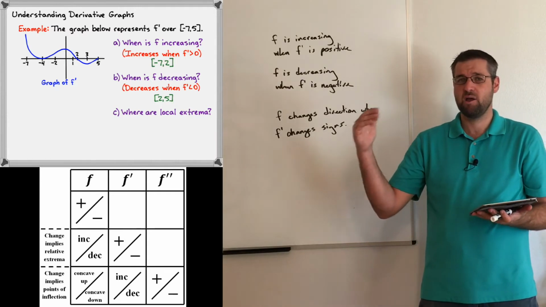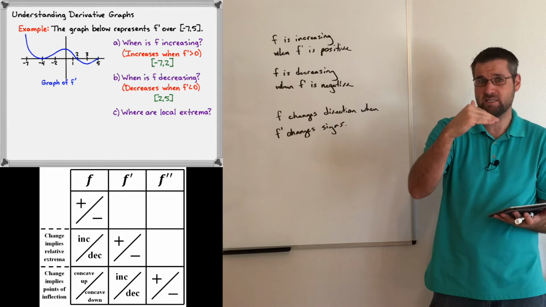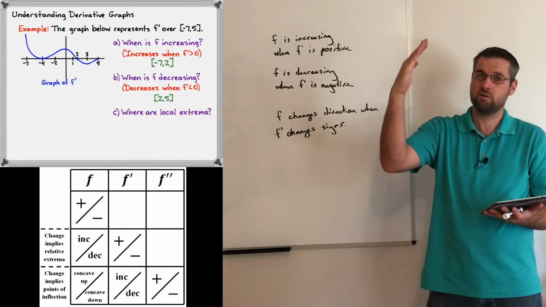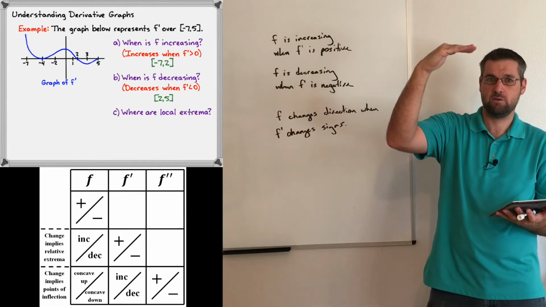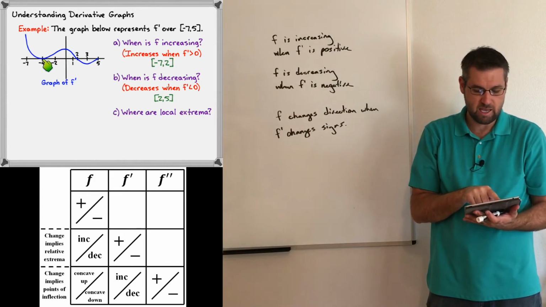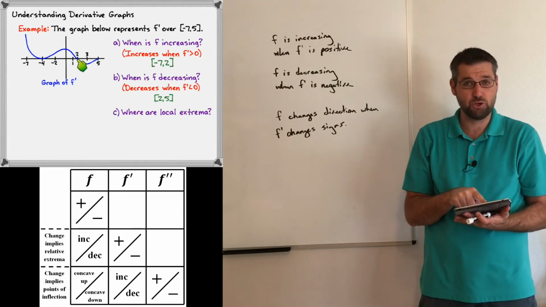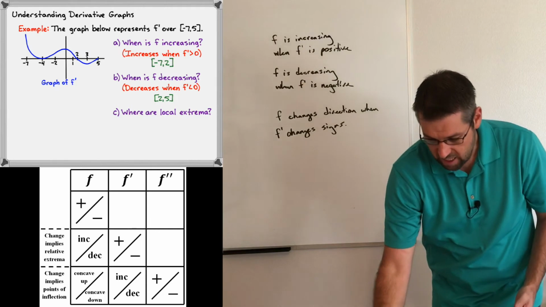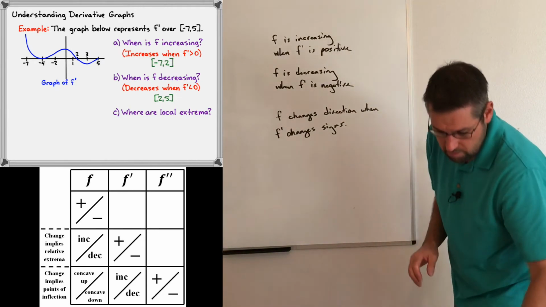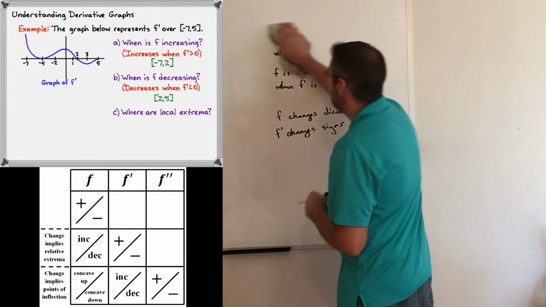It went from positive to positive, which means the function went from increasing to a horizontal tangent line to increasing again. So there is no relative extrema at -4. And then we would say that there is a relative extrema at 2, because f prime is changing from positive to negative.